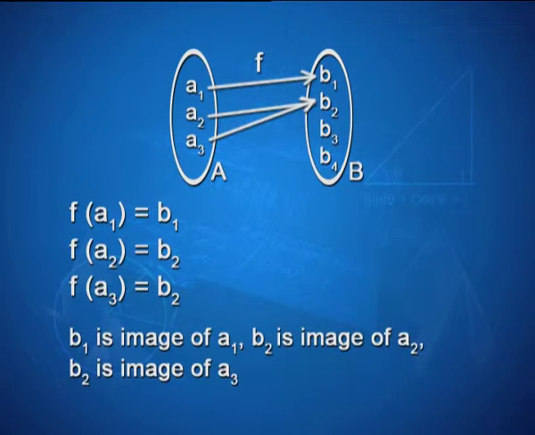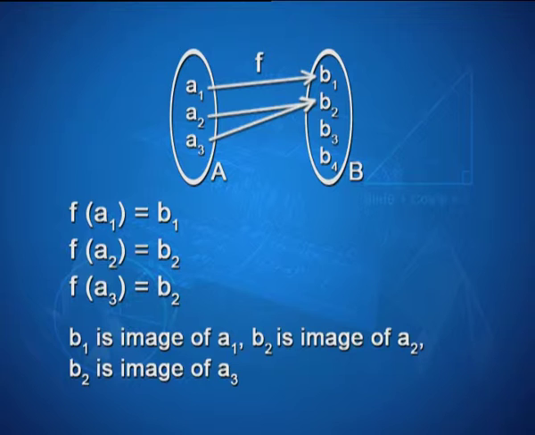Let us take an arrow diagram to explain function, its domain, codomain and range. Let A be the set of 3 elements A1, A2, A3, and B be another set of 4 elements B1, B2, B3, B4. f is a mapping which relates elements of A to elements of B such that f(A1) = B1, f(A2) = B2 and f(A3) = B2, where B1 is called the image of A1, B2 is the image of A2 and B2 is also the image of A3.